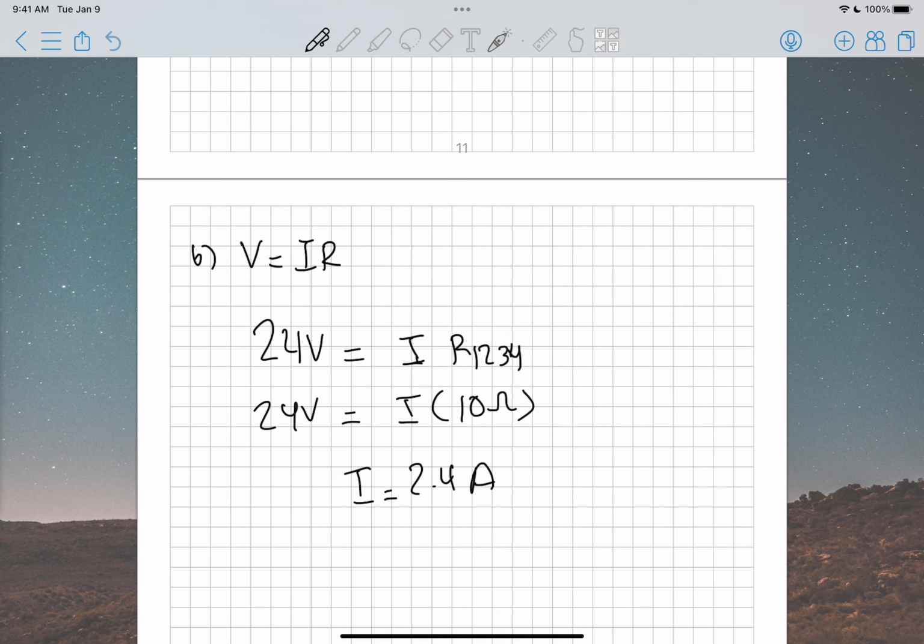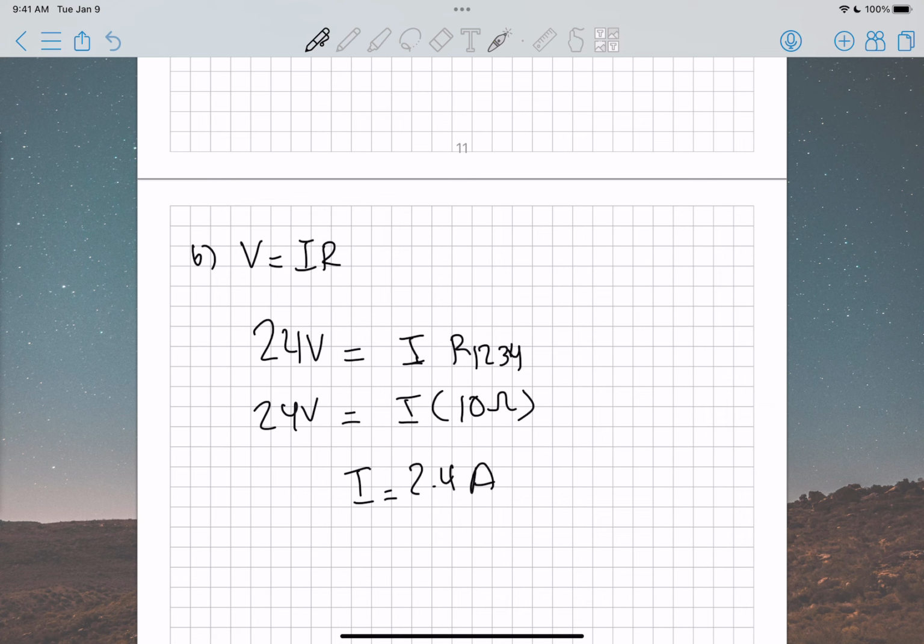Let me just double check this real quick. You cannot just easily go ahead and say, for example, let's say you had no clue how to do A, and you skip to part B. You're like, okay, the battery has 24 volts.